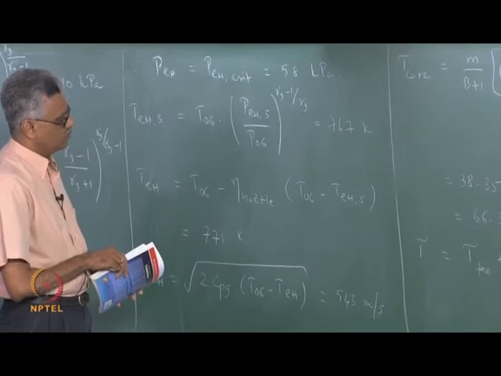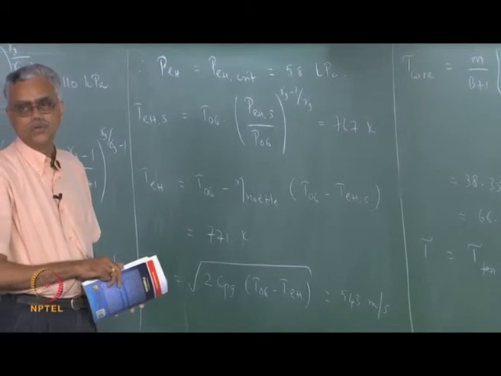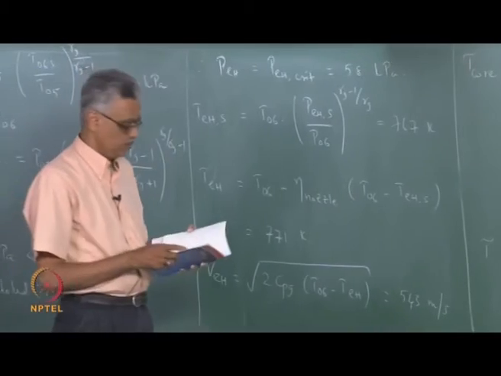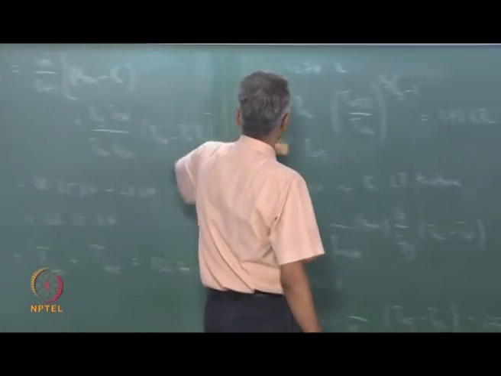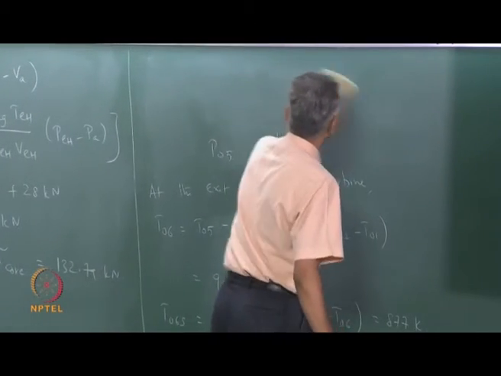So, the thrust has gone down from 229 kilonewton to 132.79 kilonewton. Let us calculate the mass flow rate of fuel, and then we will compare our numbers with the book values.